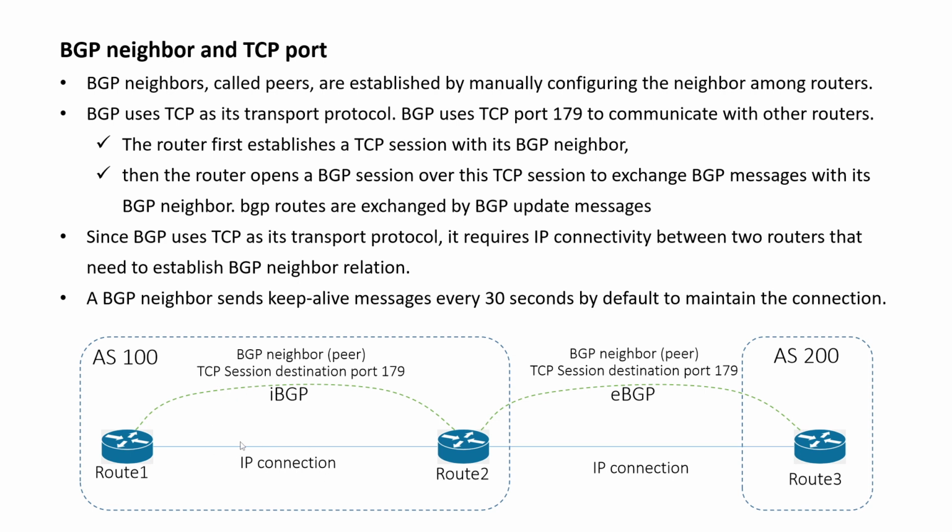After the IP connectivity is ready, you can build the BGP session. The BGP session uses destination port 179, and the source port can be any available source port, to establish the TCP session. After the TCP session is established, BGP sends BGP messages to compare, and if everything matches, the BGP session will be set up.